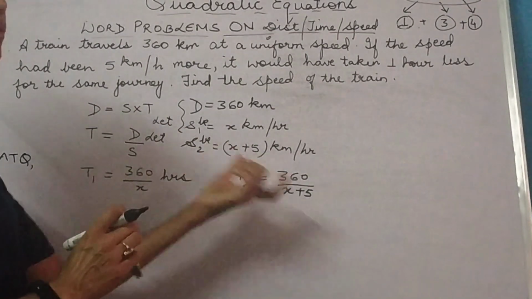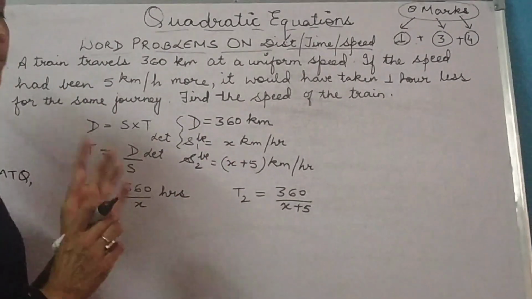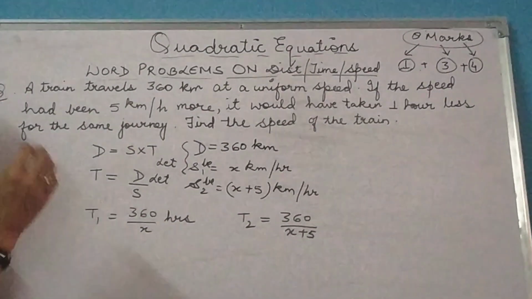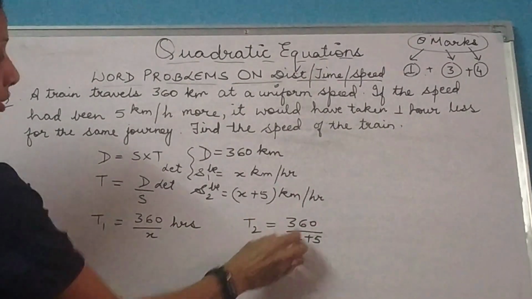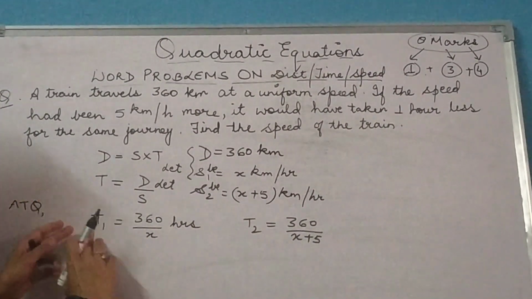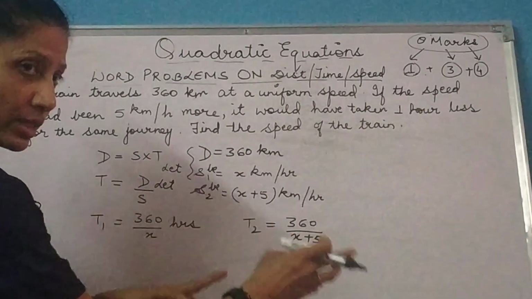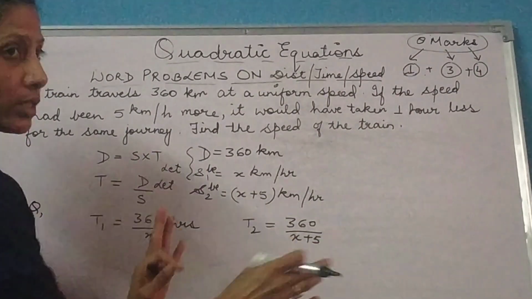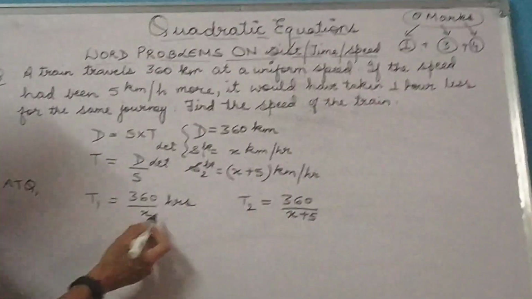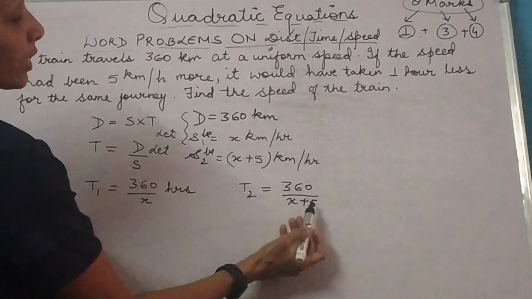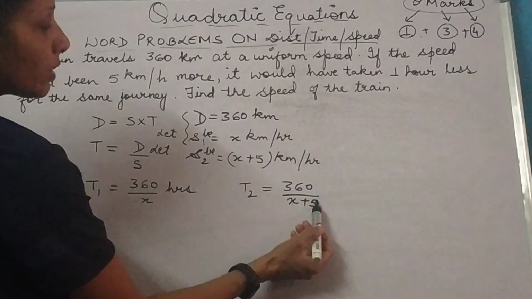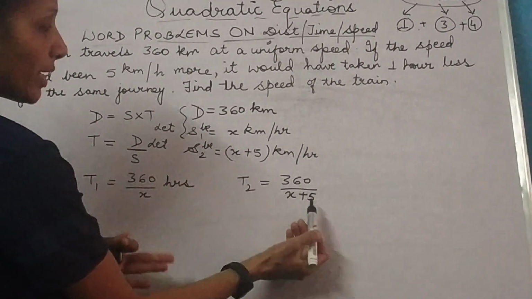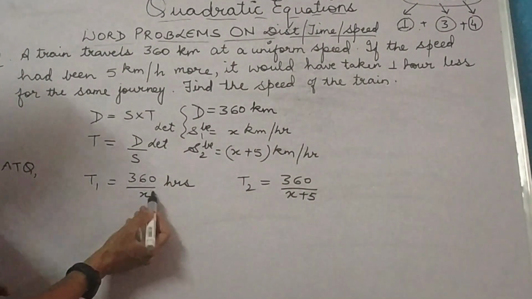Now the difference of these two is given as 1. Now you have to see which term will come first. Either you will be doing T1 minus T2 or T2 minus T1. For this you have to see the denominator. Greater the denominator, lesser the value will come.